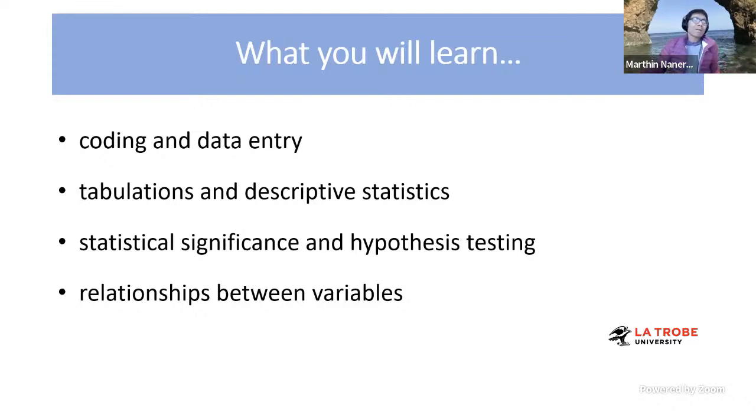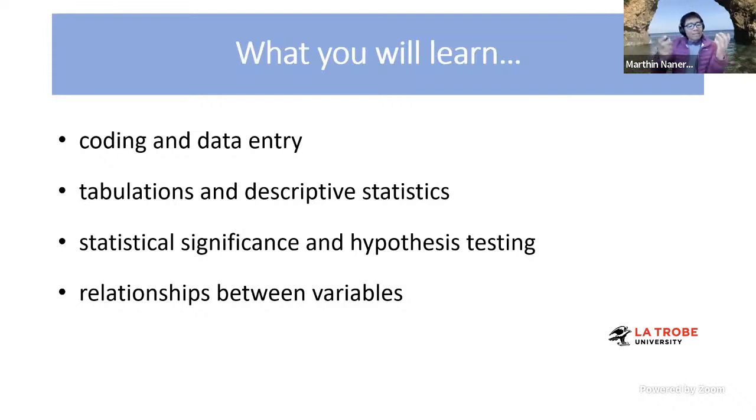Okay, and then we look at the relationship between variables in terms of correlation and also regression, in which you have one dependent variable and more than two independent variables. Okay, so those are basically what we're going to look at in today's seminar.